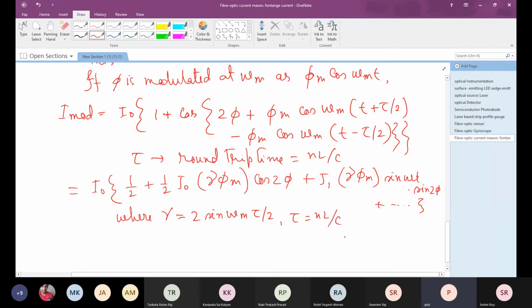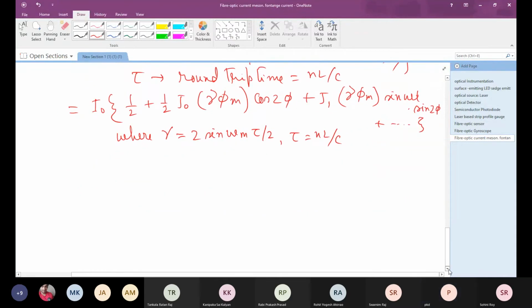Now the lock-in amplifier is locked to this component. Sorry, this is sine omega m t.